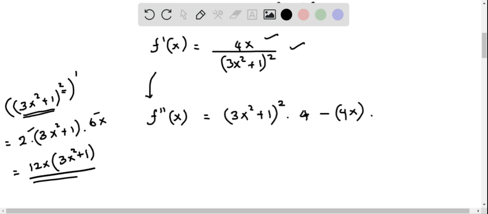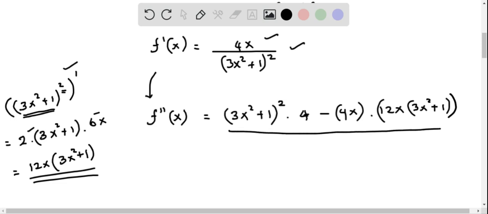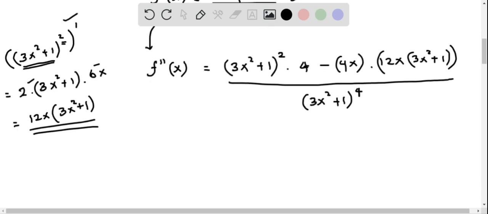And so this is the derivative of this expression. Let's multiply. I write down 12x times 3x squared plus 1, and this is divided by the square of the denominator expression, that is 3x squared plus 1. We already have a square, so when we square it one more time, it will become raised to the power of 4. Let's simplify this.